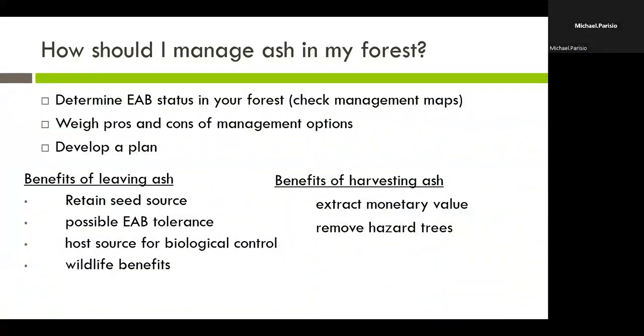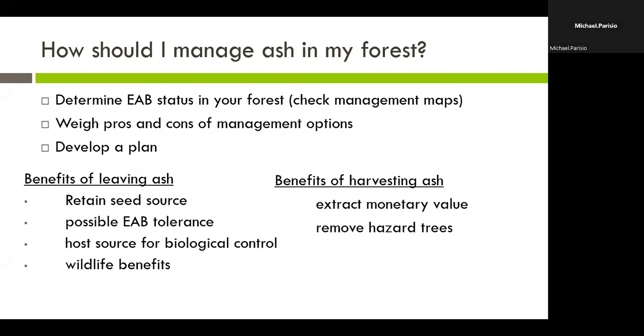And so the last question that I'll address here, and something I get asked a lot, is what should I do with my ash trees if I'm managing my forest? And that really depends on what the goal for your land is, and how many ash you have, and what stage of infestation the forest is in currently.